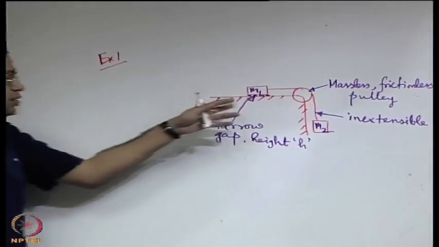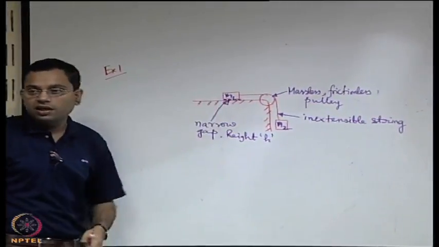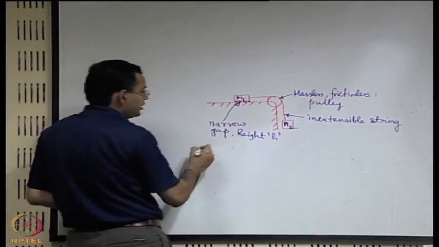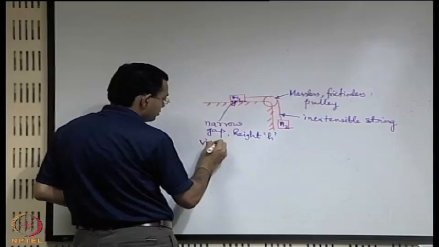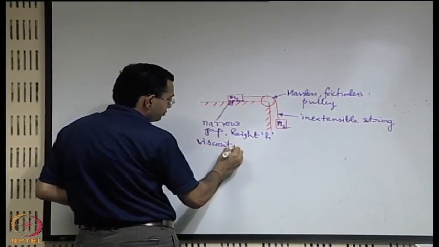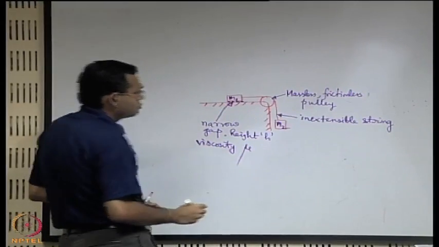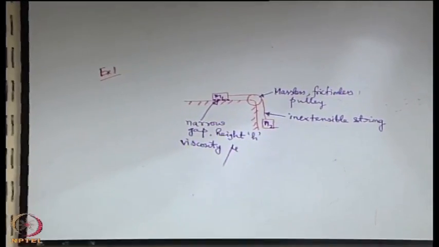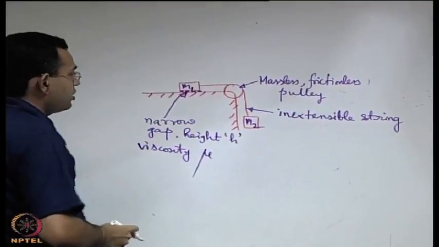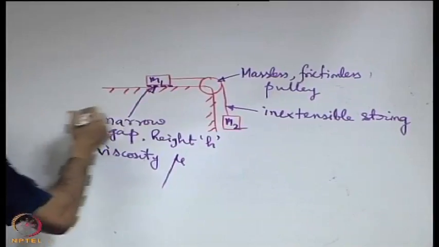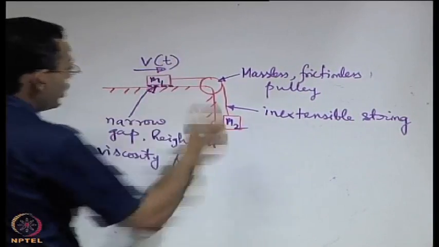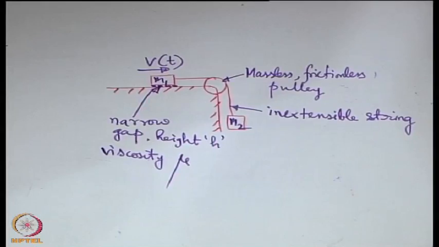Assume that the fluid which is there in between the block and the plane is Newtonian with a viscosity mu. Our objective say is to find out what is the velocity of this block of mass m1 as a function of time.